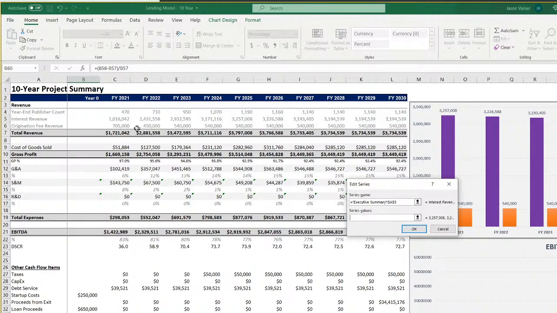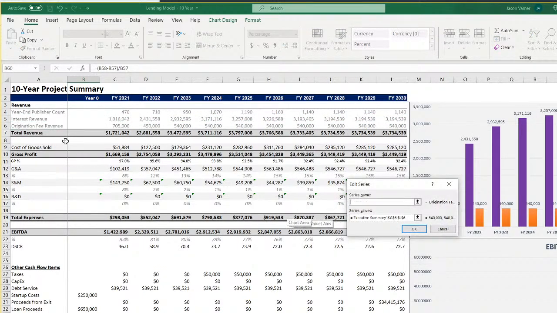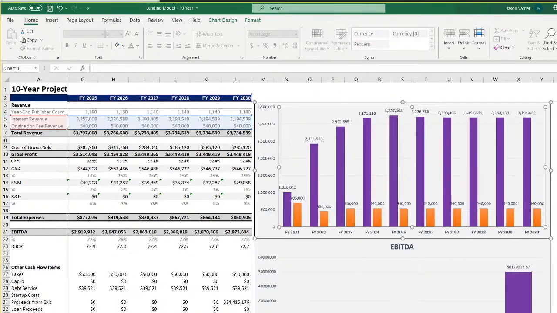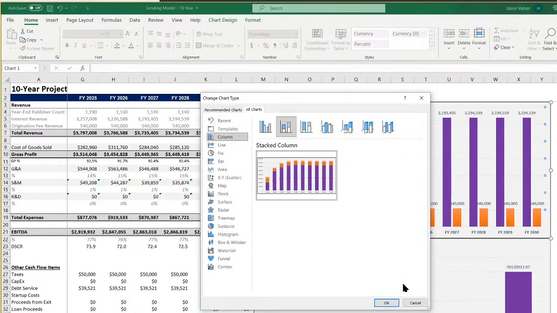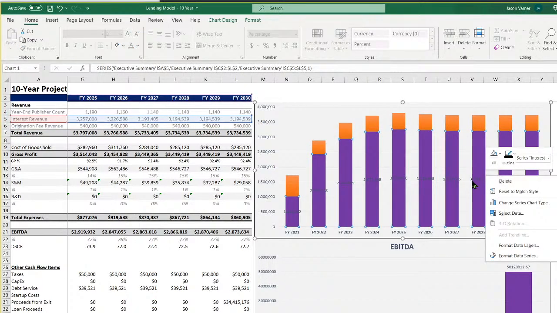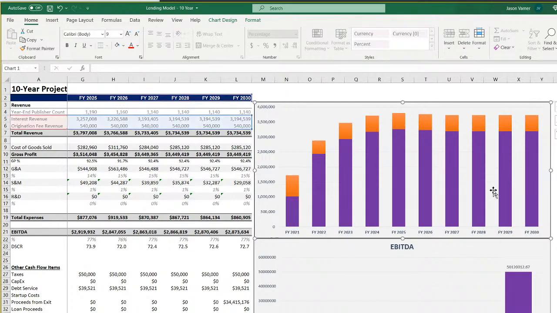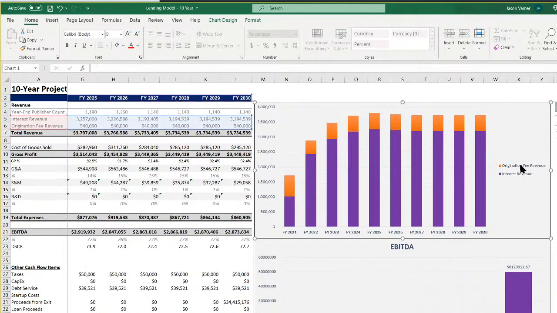This needs to go through the whole 10 years. Okay, we'll make this a stack column real quick so you can kind of see the total. We don't need to see labels. We do need to see a legend for what's what.